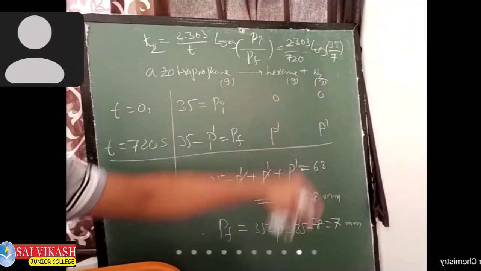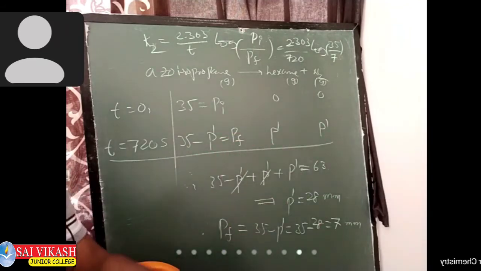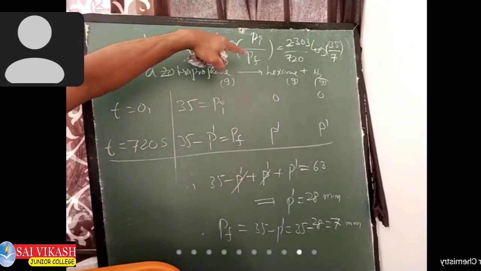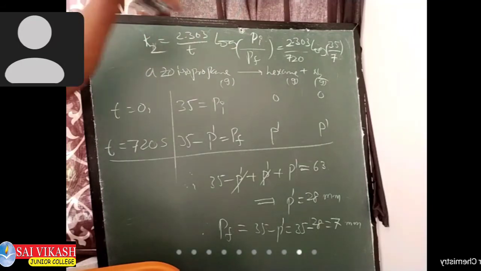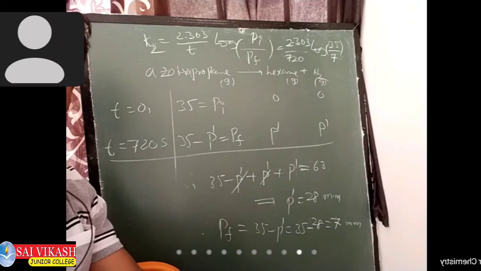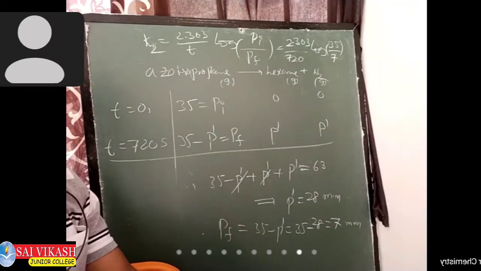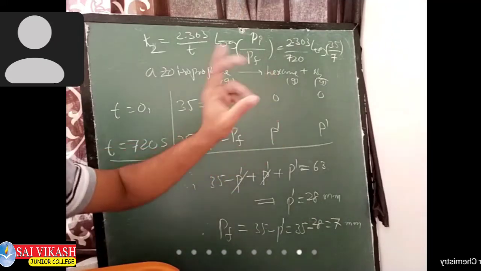See how to check whether it is first order or second order. You see here the K1 value and K2 value. If you are getting the same, almost the same value, like that you need to check with the hit and trial method.